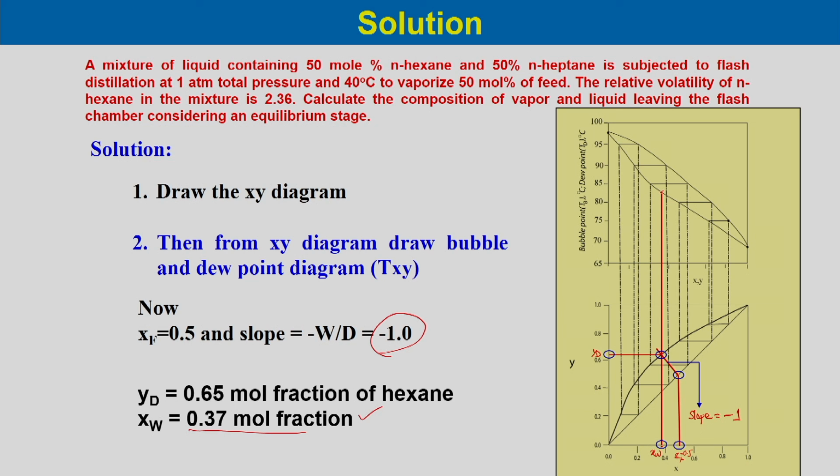From this intersection point between the bubble point curve and the vertical line, you move horizontally to the temperature axis to get the bubble point temperature T, which is about 83 degree centigrade.